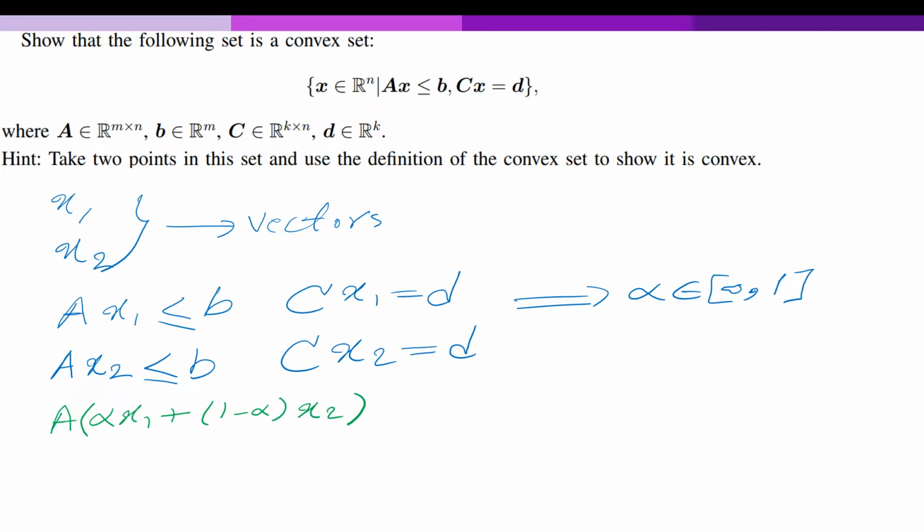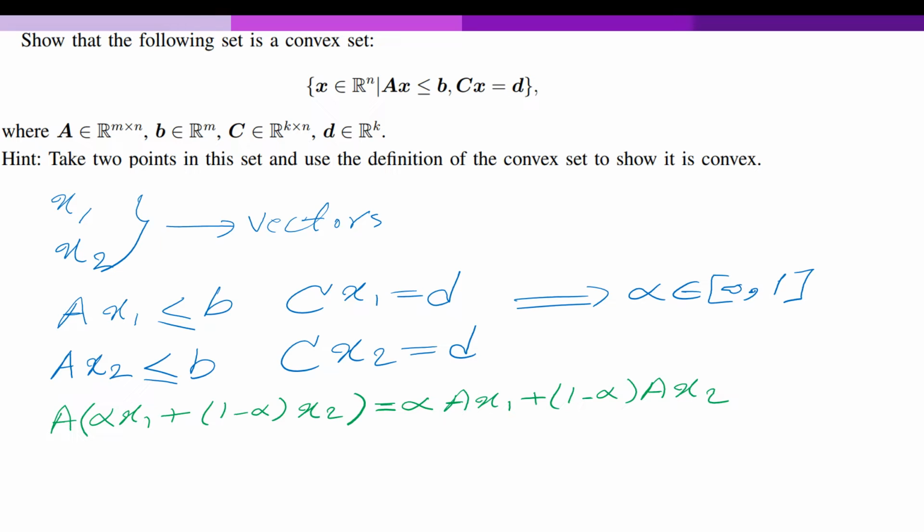This gives us, so alpha is a scalar, alpha x1 plus 1 minus alpha x2, and we know that Ax1 is less than or equal to b.